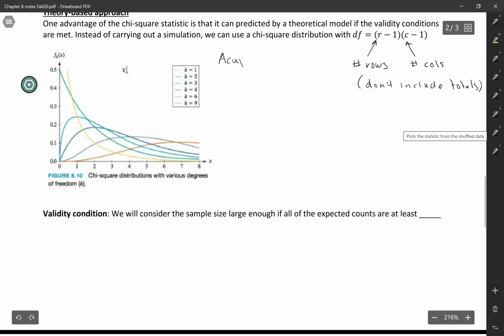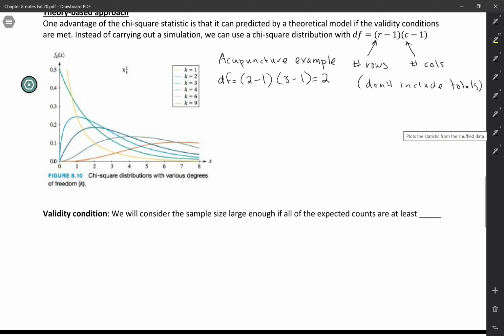So to calculate this for the acupuncture example, we had 2 rows because our outcomes were just substantial reduction in pain or no substantial reduction. So we've got 2 rows, 2 minus 1. And we had 3 columns because we had 3 treatment groups, so 3 minus 1. And we end up with 2 degrees of freedom.